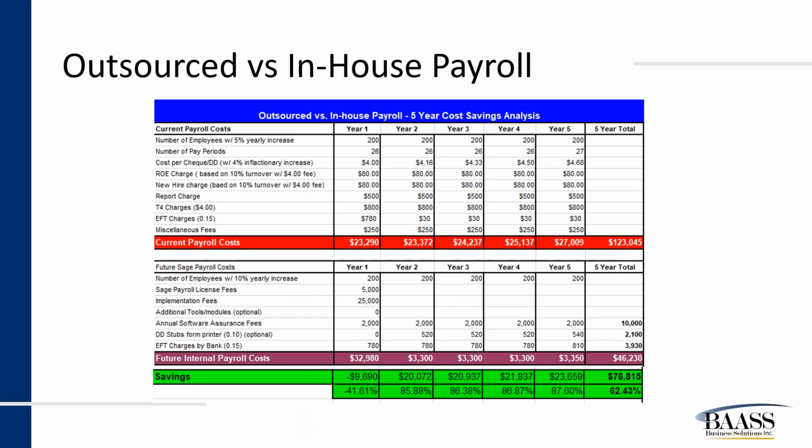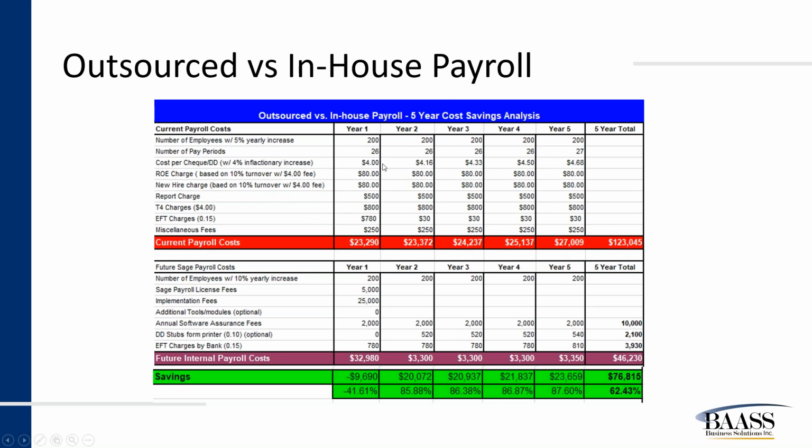On our first agenda item, it's about costs, the costs that you can save bringing payroll in-house. We do have an ROI that I could share with everybody on today's call, where you can fill out information about how many employees you have. Up at the top, the sample has 200 employees.